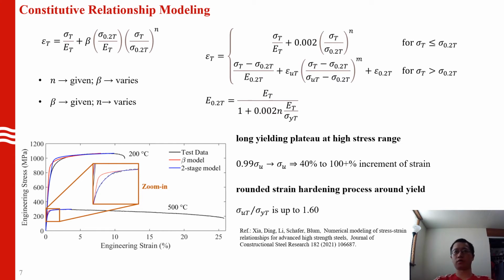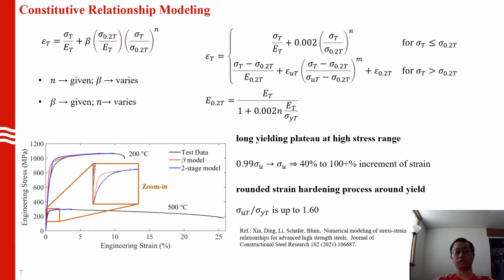From the literature, there are two types of models that are pretty popular. One is a one-stage model, and the other is a two-stage model. Both of them are based on the Ramberg-Osgood equation, and unfortunately, none of them can provide an accurate fit for our AHSS database.